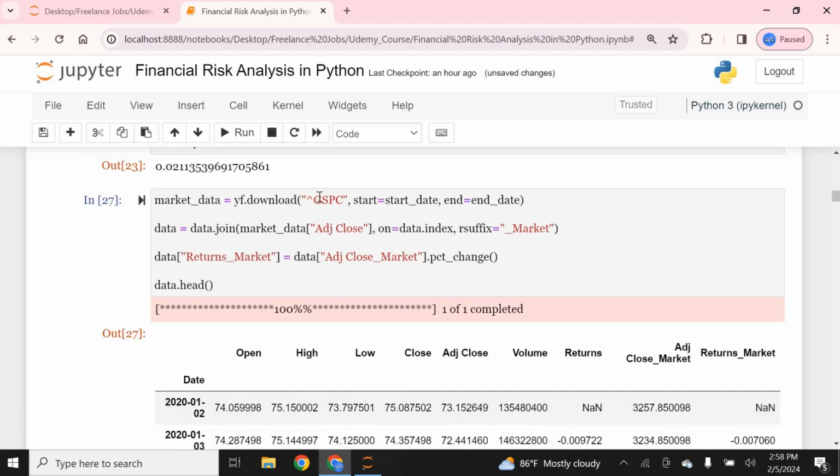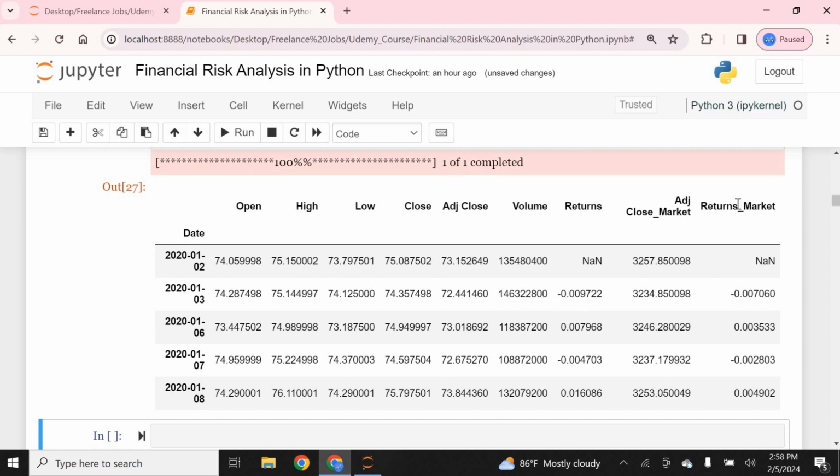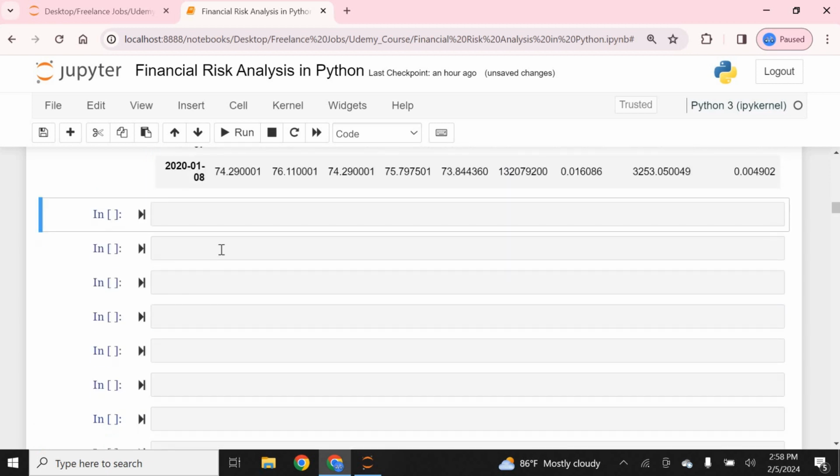So we just input the symbol, the start and the end dates. Those are the only parameters you need to download the data. And this is the data that we have already downloaded. We have the returns market, we have the close market. So the data are actually okay, and now we can move forward, which is calculating beta.